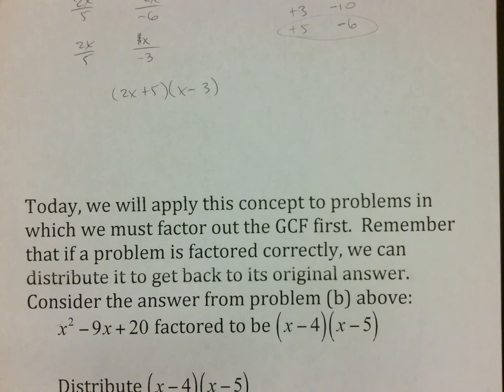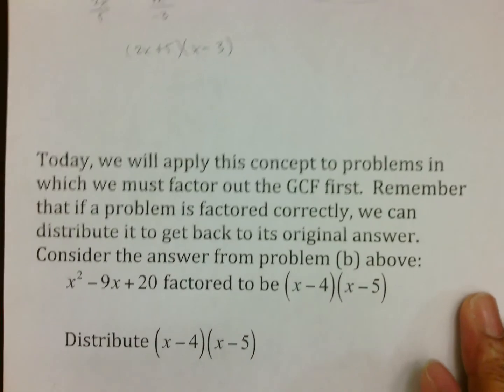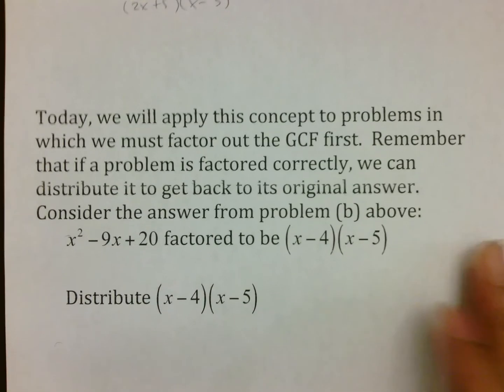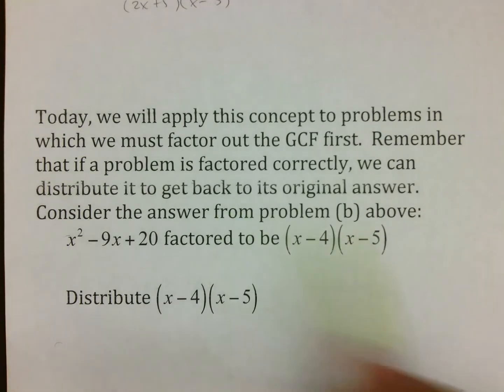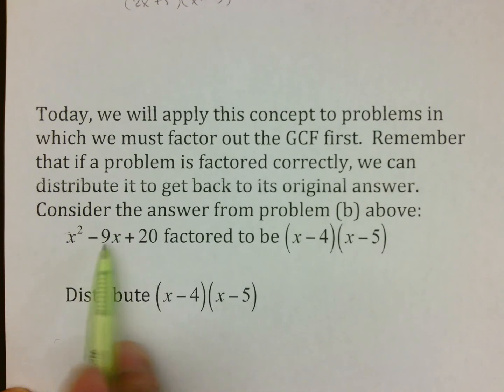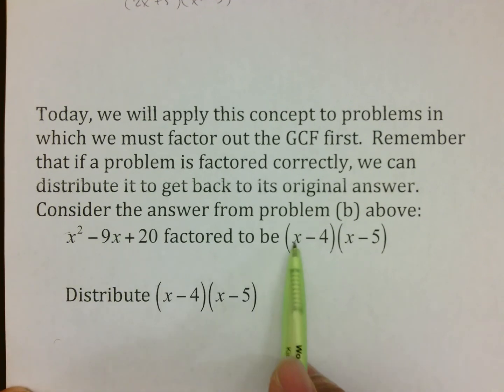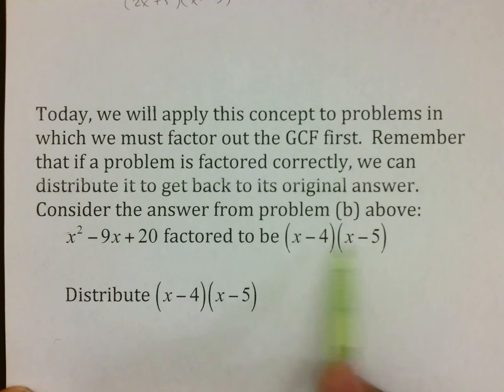Today what we are going to do is apply this concept to problems in which we must factor out the GCF first. Remember that if a problem is factored correctly, we can distribute it back to get its original answer. Consider the answer from problem B that we just factored above. X squared minus 9x plus 20 factored out to be x minus 4 times x minus 5.